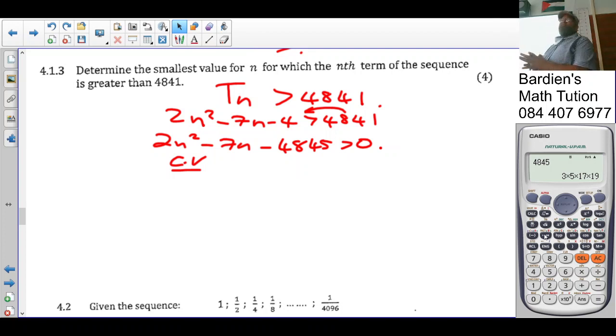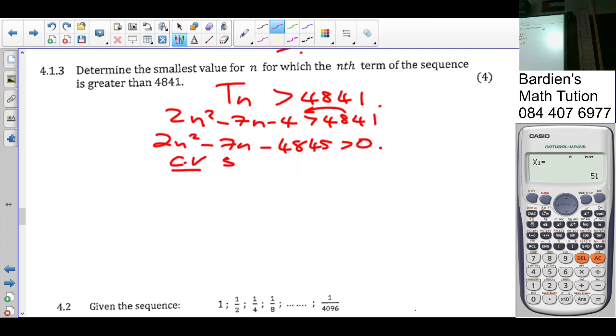So the quadratic formula is going to be the best bet. You guys understand? Okay, or if you've got this calculator, we can use this function. So it's going to factorize with negative 7, negative 4,845. That gives me your critical values of 51 and negative 95 over 2.